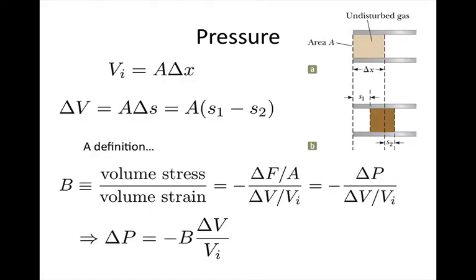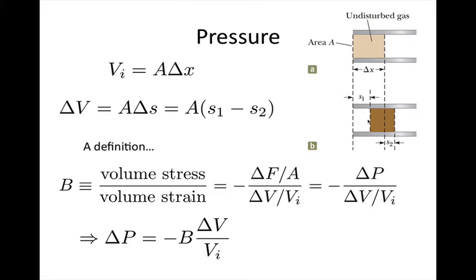Okay, now let's do some derivations which involve pressure. The initial volume of the undisturbed gas here is given by the surface area times delta x, the width of the gas increment that we're considering. After we apply a force, a wave travelling along moves this entire part of the gas to the right a bit.